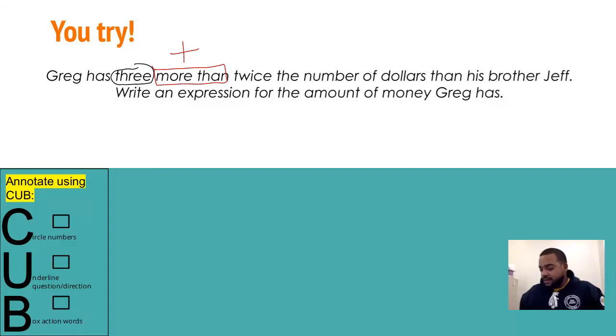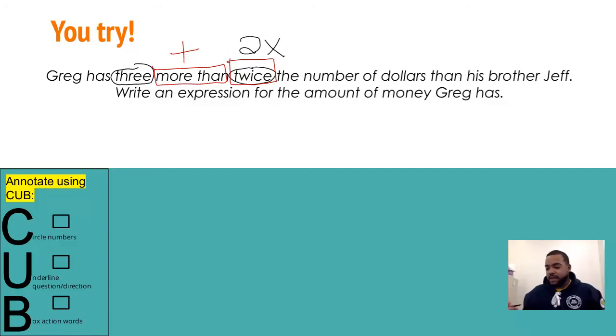More than twice. Ooh. When you see numbers like twice or triple or quadruple, these are always tricky because technically they are a number and they are an action word. I have twice as many Pokemon cards as you. If you have 2, I would have 4. So technically twice tells me that it's 2 times.